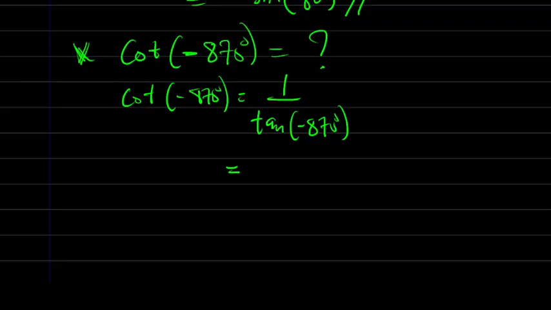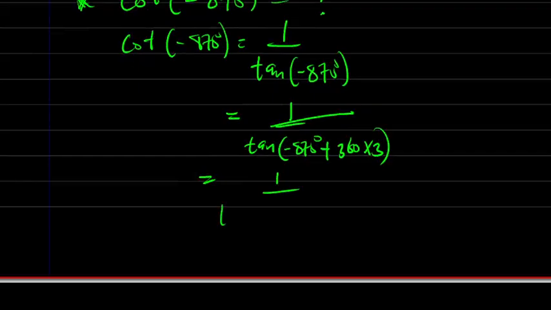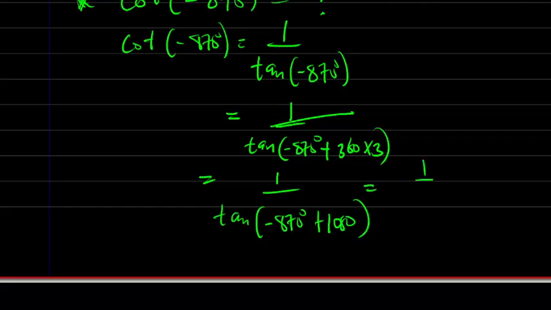We are going to use 360 times 3 so that we can have a positive answer directly. So minus 870 plus 1080 is 210.